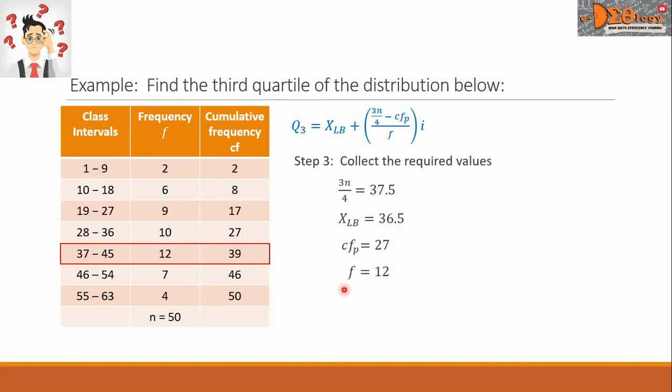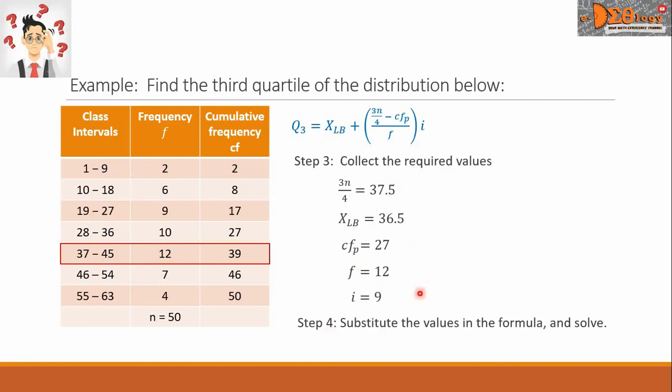The F is the frequency of the third quartile class. This is the number 12 that we copied here. I is the class width, and this is equal to 9. It means for every class here, there are 9 numbers included.